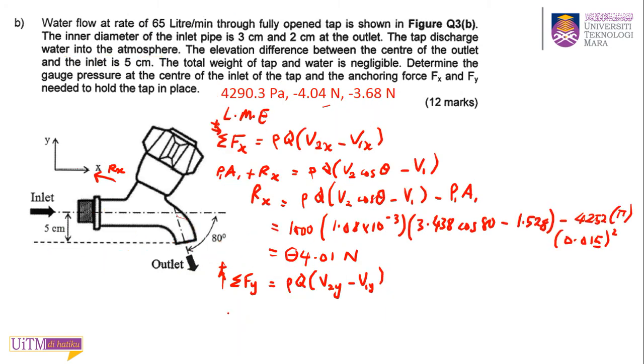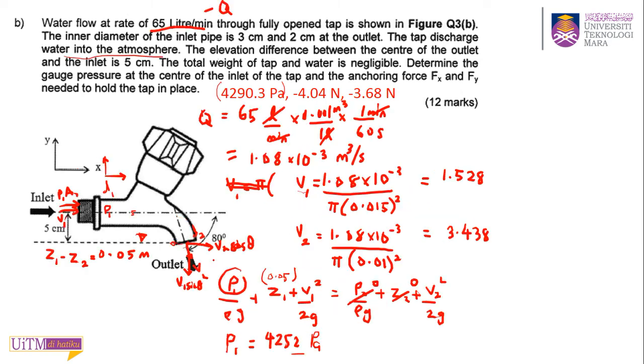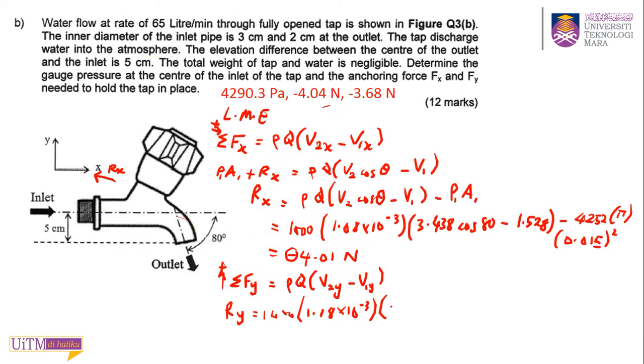So Ry equals rho 1000 times Q, 1.08 times 10 to the power minus 3, times V2y. V2y is V2 sin theta, and this is opposite direction to your reference, so minus V2 sin 80 minus V1y. There is no V1y, so minus 0.